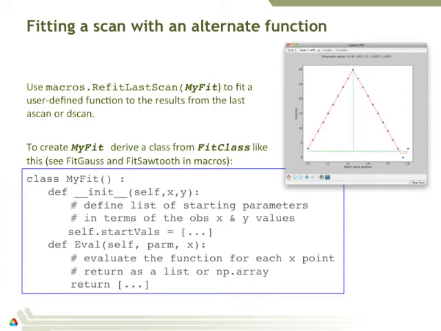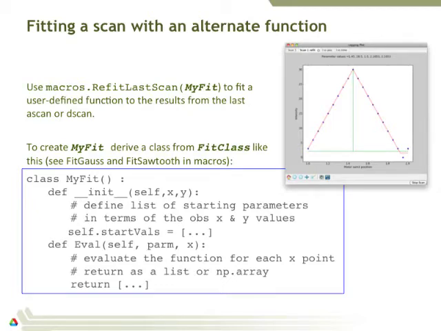You're not stuck with Gaussian fitting. You can define any function you want to. It's perhaps slightly arcane coding to people who haven't done too much work with Python classes, but you define a class which specifies a minimum of two things: how to take the XY data and come up with some starting values, and that's done here. And whatever those starting values are determines the number of parameters in your fitting equation.